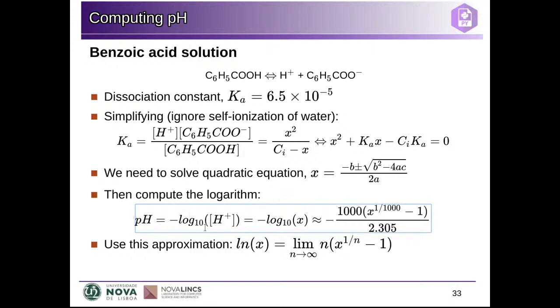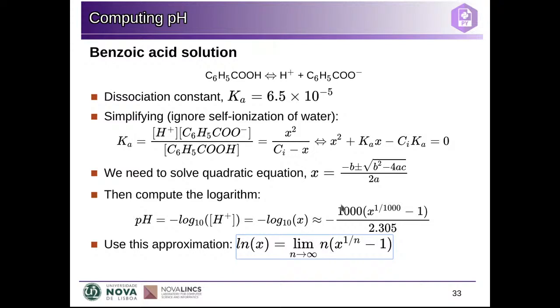We don't know how to compute the logarithm, but we can make this approximation. If you take the limit towards infinity of n multiplied by x raised to 1 over n, minus 1, this approximates the natural logarithm of x.